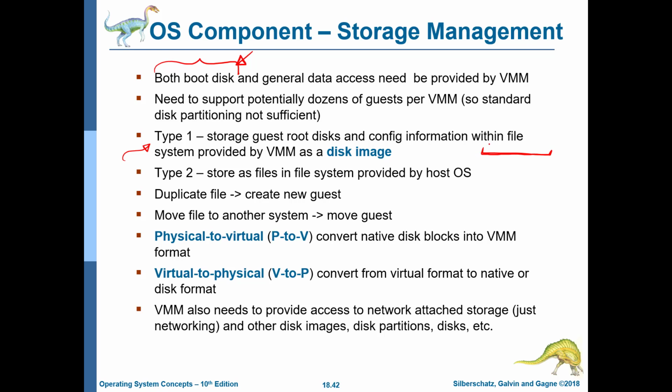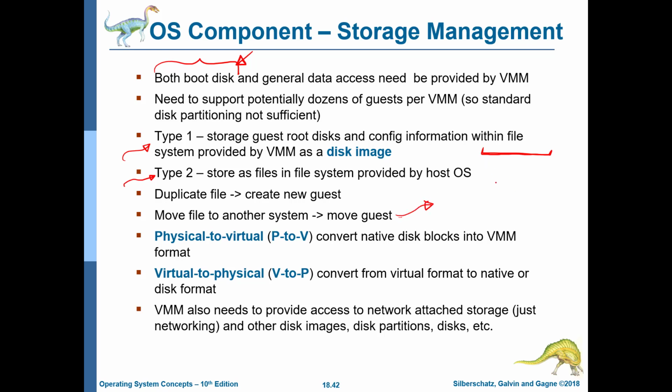In a type 1 hypervisor, this can be done because a type 1 is still a very thin OS. And type 2 hypervisors, which are like full-fledged OSs, can simply use their file system to store the image of the guest OS, and it can be managed in that way. So if the file is duplicated, it's basically like creating a new guest. If you move the file to another system, it is the same as migration.